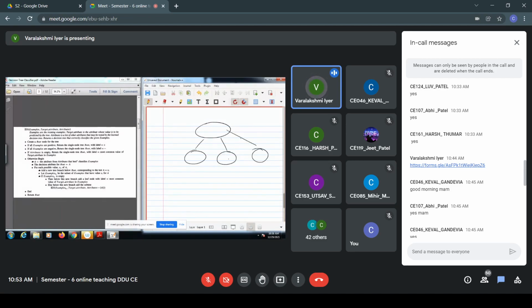But what you can do is check for this. For example, it may be possible that windy is giving more information, but once you use windy, you cannot use it further in other examples. But I don't think that condition will arise. Mostly that condition won't arise. But if so, what will happen is once you have used windy, you cannot use it further. That is the case, right?